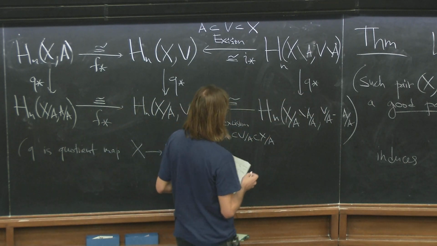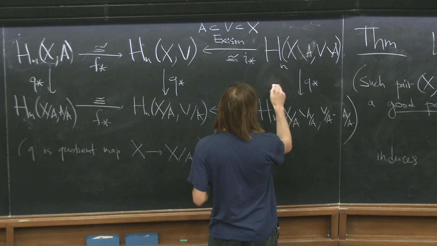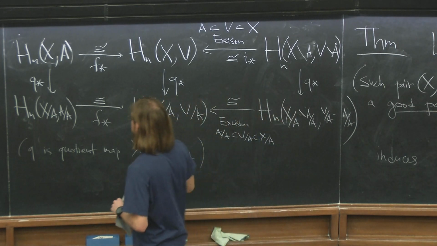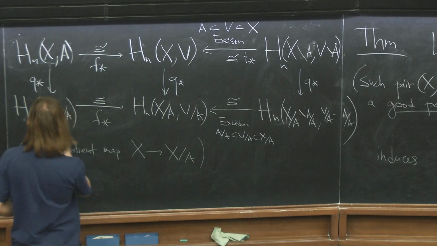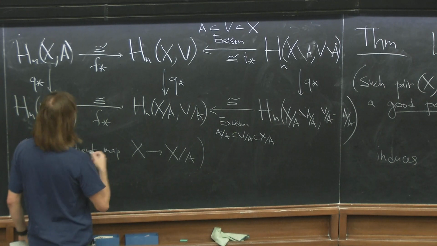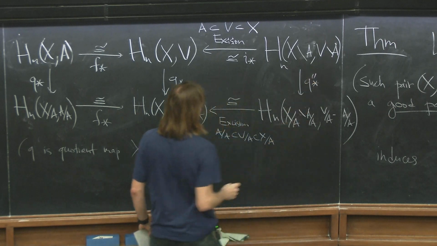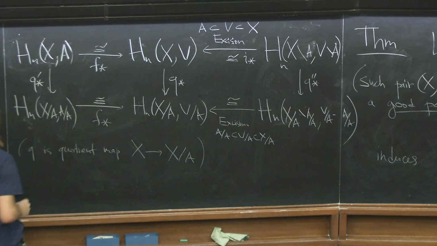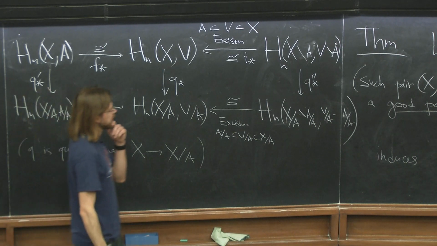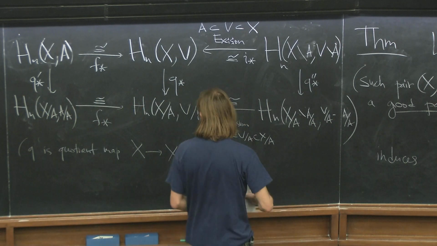Okay, let me denote this. I used kind of the same notation Q, but let me distinguish them somehow. Let me denote this map as Q double prime star, and this is Q star prime, just to distinguish that they are between different groups.